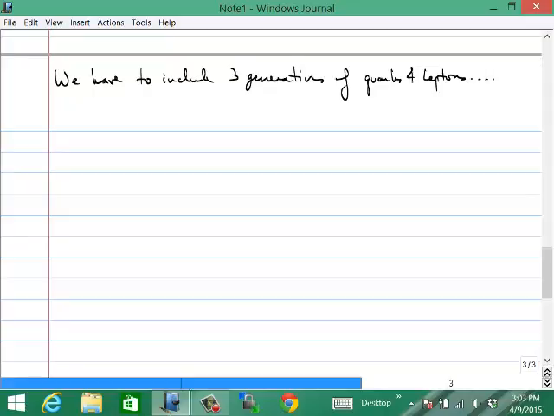That is to say, we have to take 3 copies of everything that we did up above. So the easiest way to do this is to introduce another index. These fields have lots of indices. I'll call this capital I. It'll be a generation index.